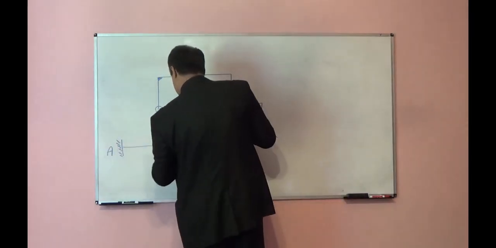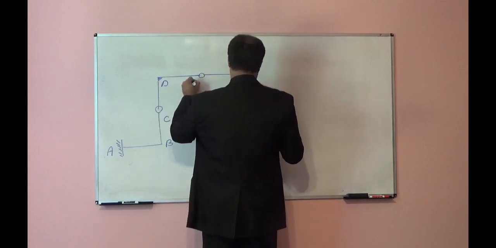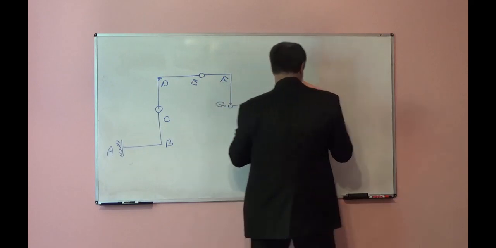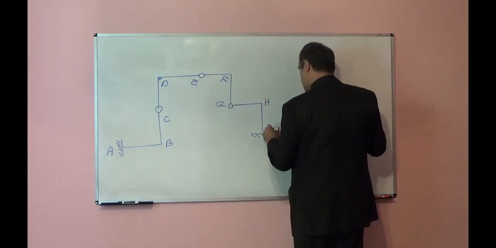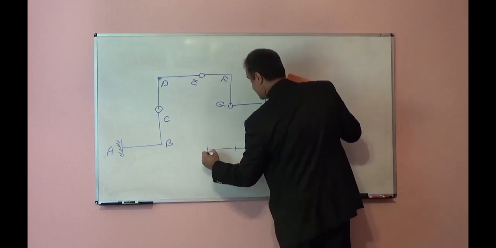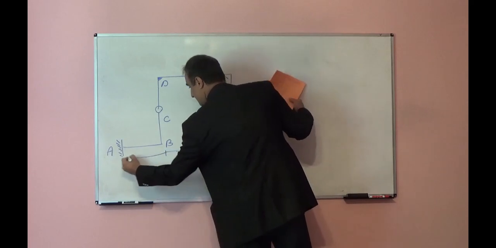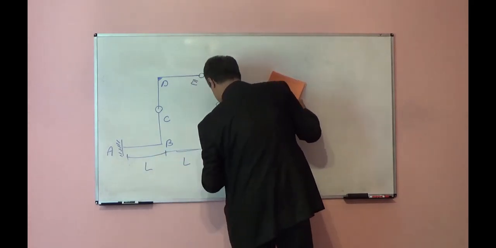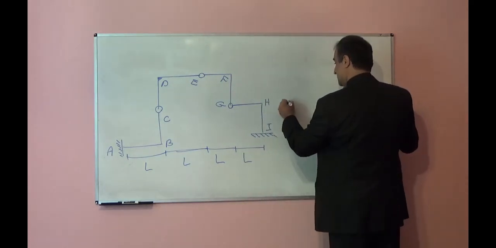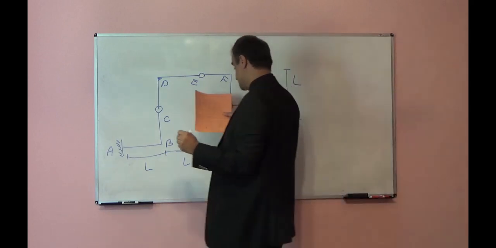Points A, B, C, D, E, F, G, H, I, and these distances are all L, and in this direction again they are L. The external load P is here.